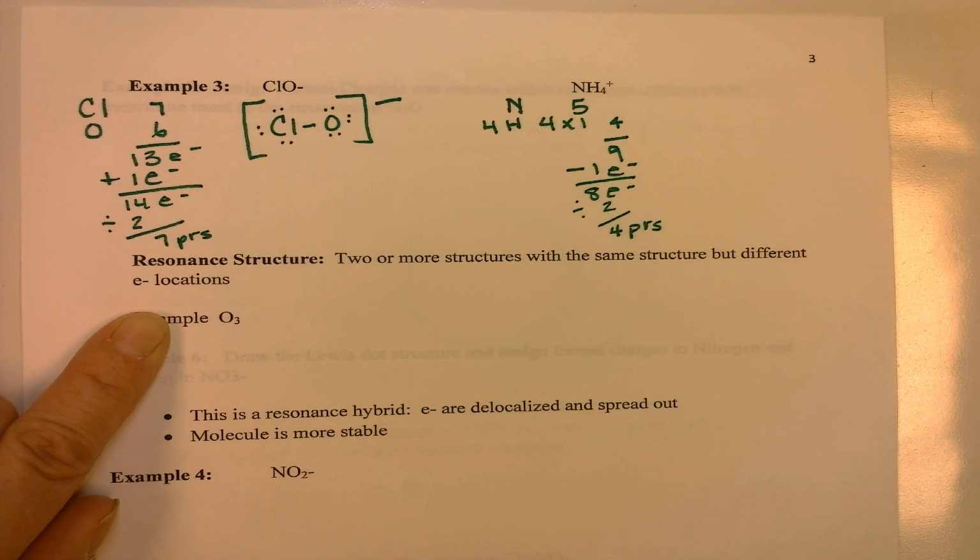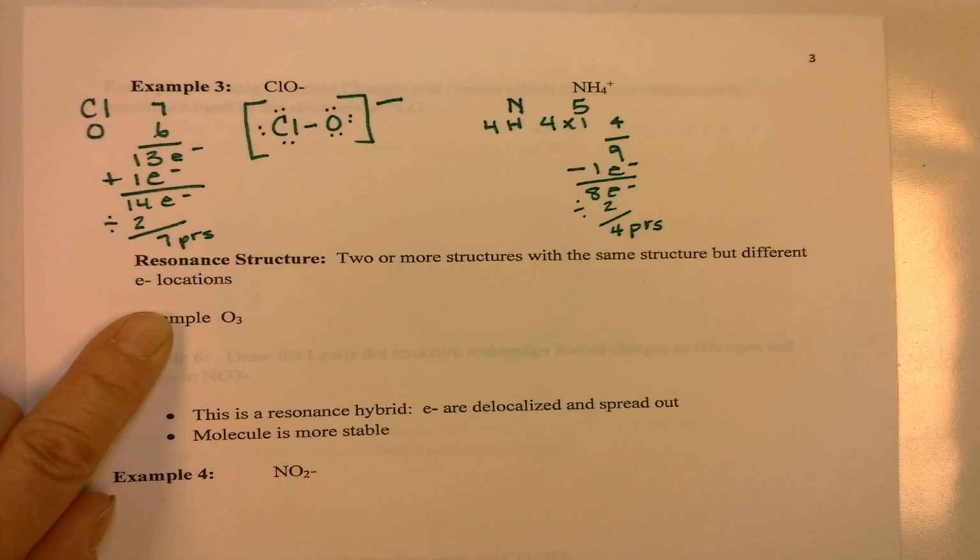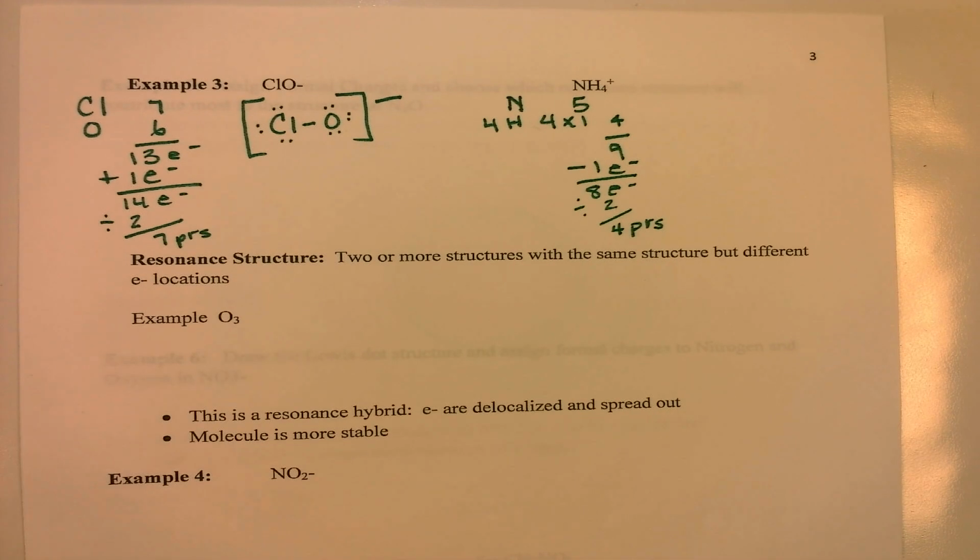Will we ever get an odd number of electrons? Yes, it is possible. Once, like 15 years ago, there was a question on the test with an odd number of electrons, and people went berserk over it because it was such an unfair question.